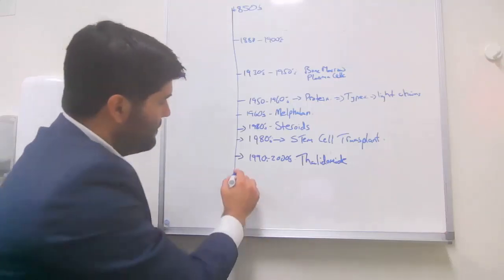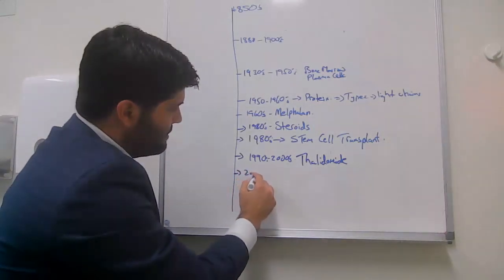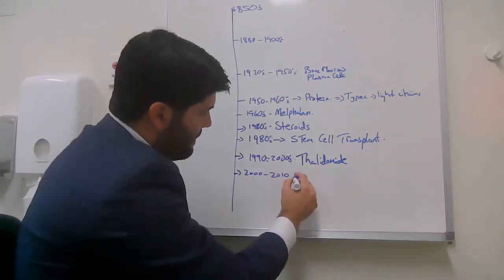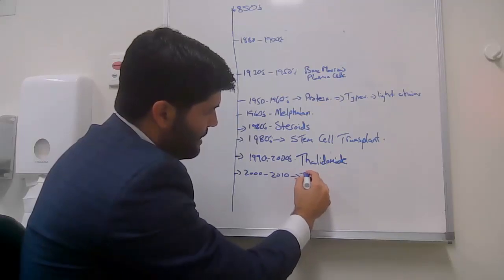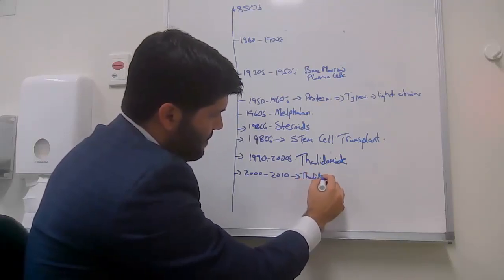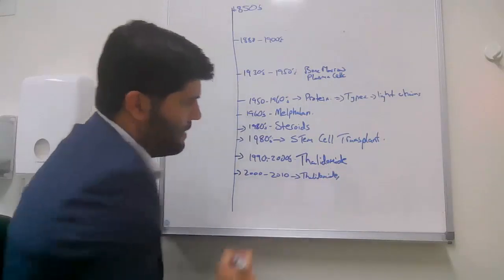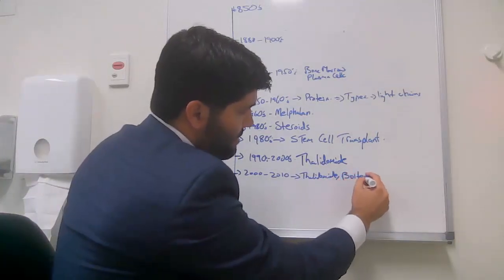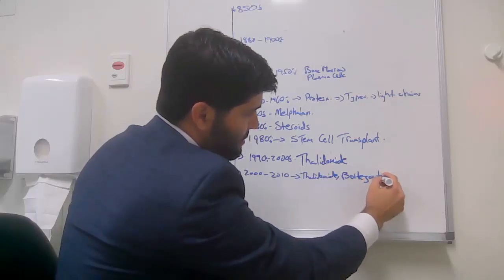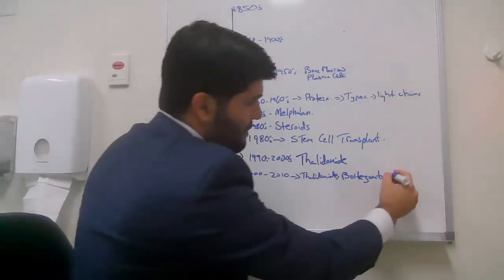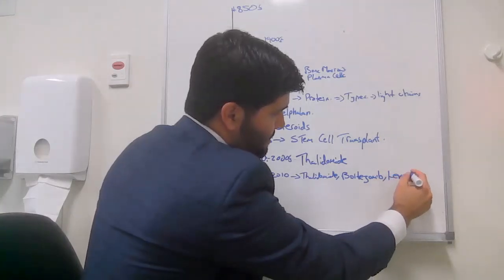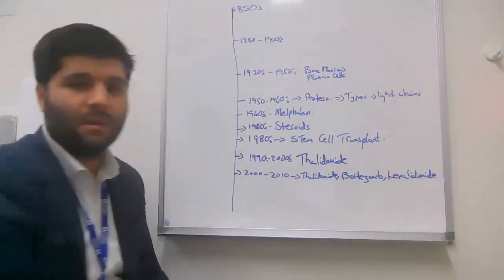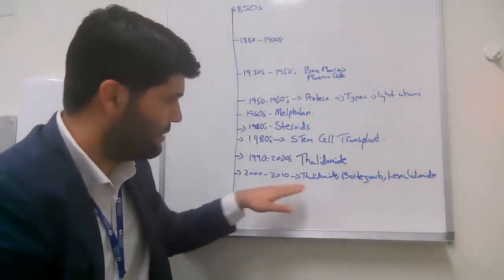And what I can tell you is that between 2000 and 2010, really, the three drugs that were the mainstay were thalidomide, and a new drug that was discovered in that time called bortezomib, which again some of you may have heard of, and then the third one was lenalidomide, which is really a cousin drug to thalidomide.